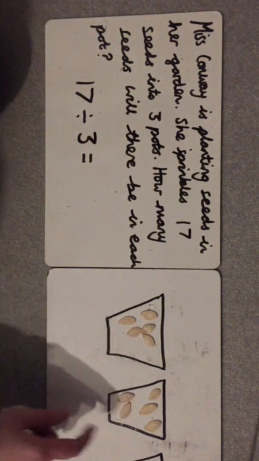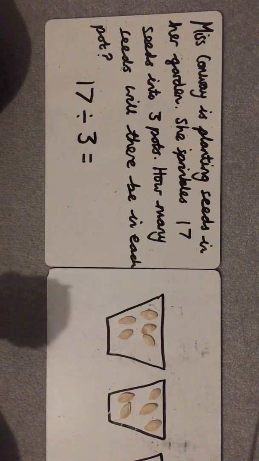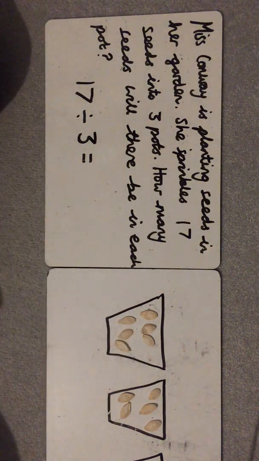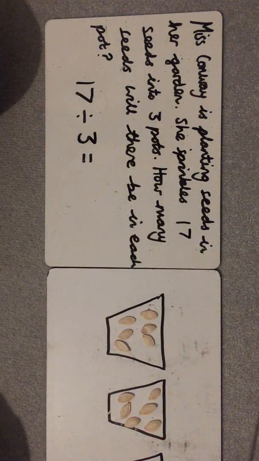Now at the moment they've all got 5. But I've got 15 and I've got to count 17, 16, 17. Good, done? Let's check if they're all the same.